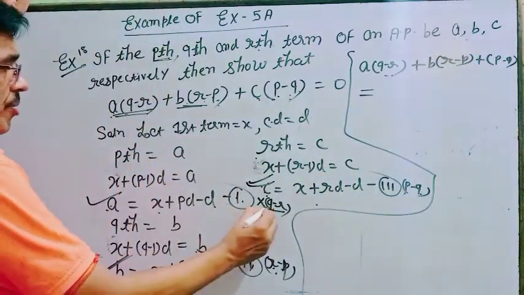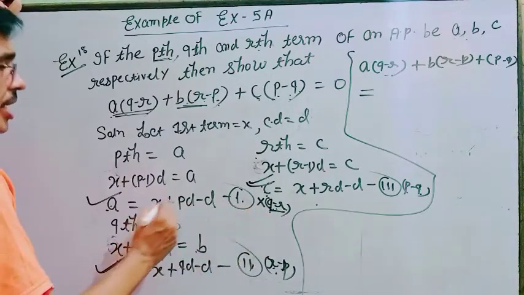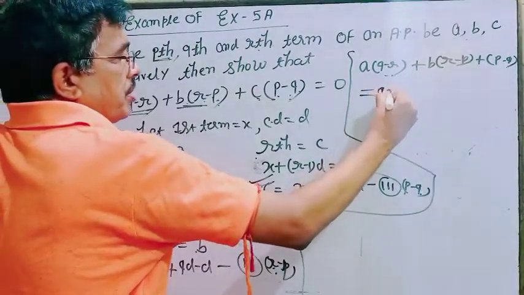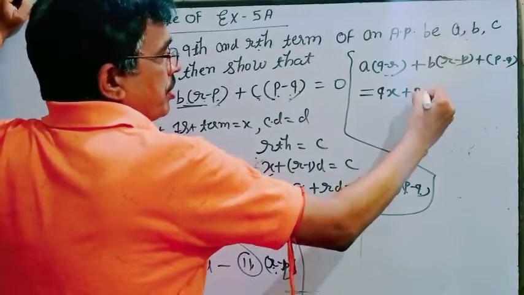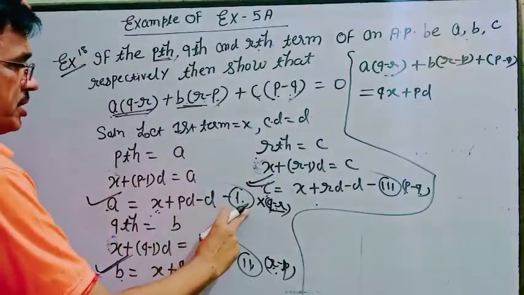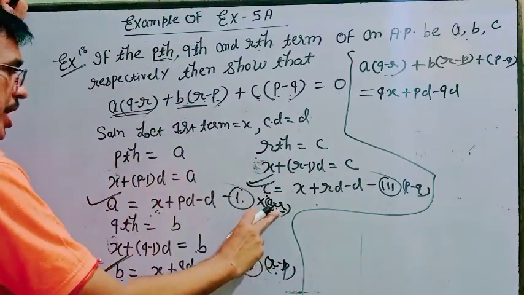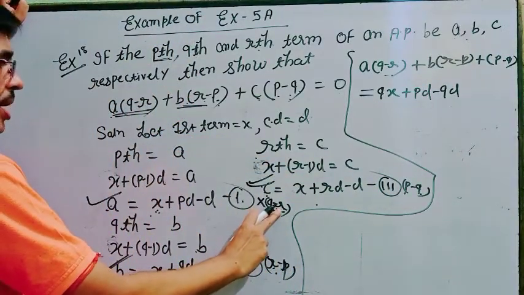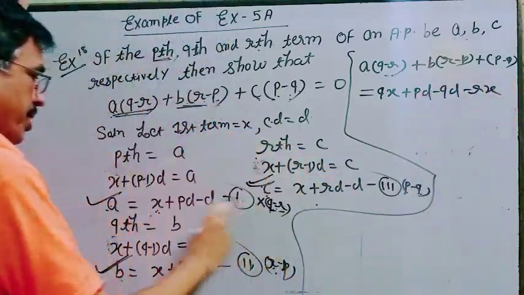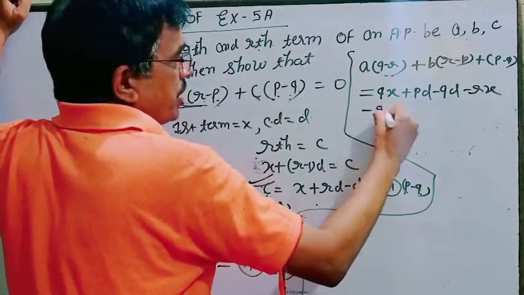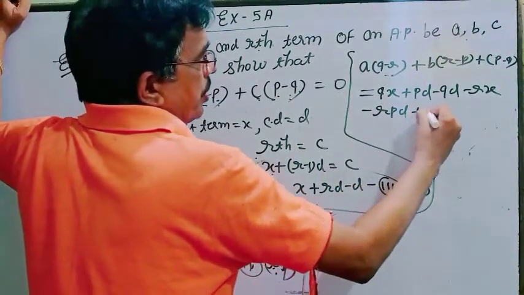And on the RHS, you multiply by q minus r. What do you get? Multiply one by one. You get qx plus pqd minus qd. Now here is minus r, so you multiply: minus rx, minus rpd, and plus rd.